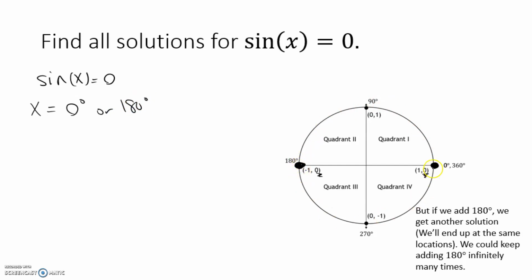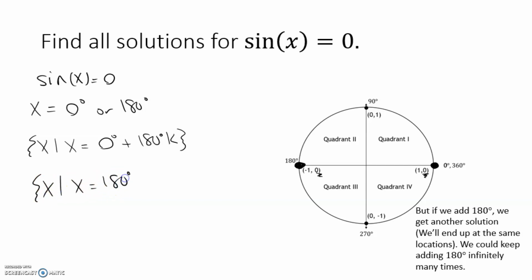From this one to this one, add 180. So our solution set will be x such that x is equal to 0 plus keep adding 180, which reduces down to x such that x is equal to 180k. And that would be your final answer right there.